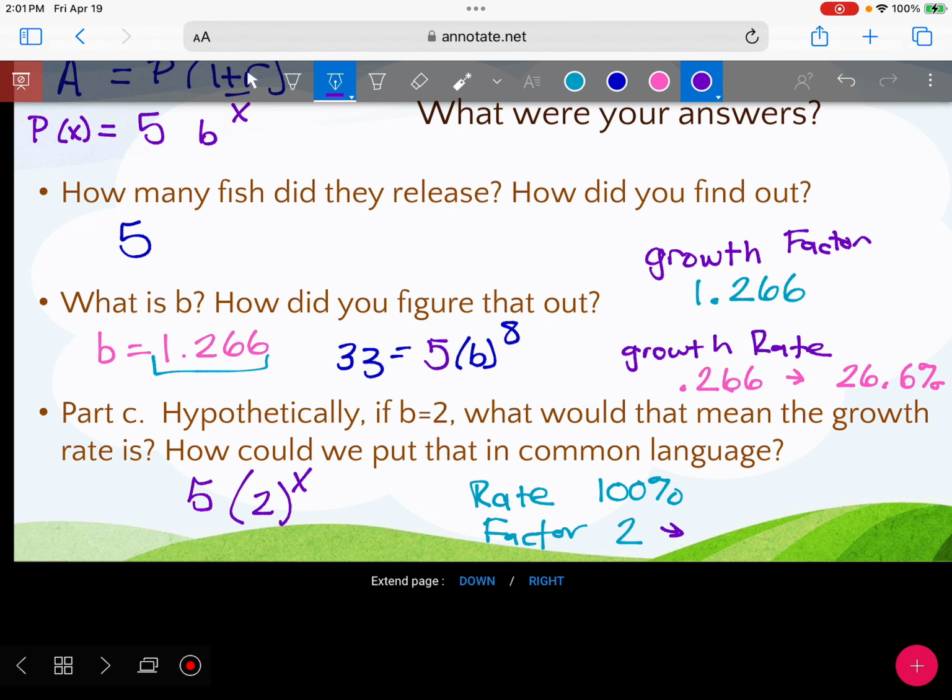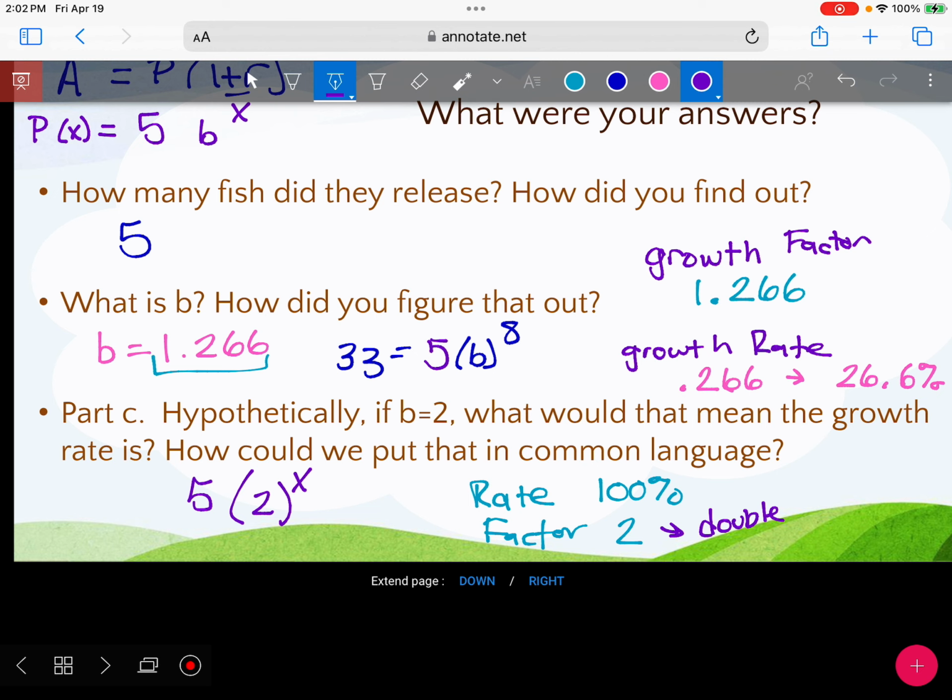It starts with a D. If it's got a growth factor of 2, meaning it's times 2 each time, it's going to double. So our growth factor of 2 is where we get that double. If our growth factor was 3, it would be triple. If it was a growth factor of 4, it would be quadruple.